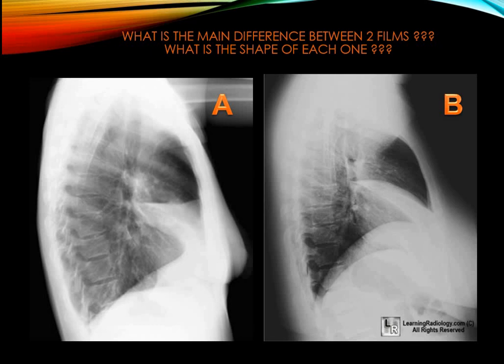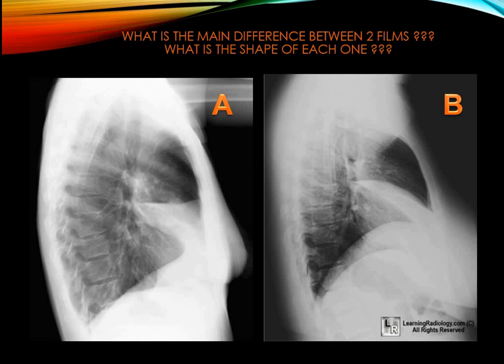These two chest X-rays, A and B, are both in lateral position. Both show an opacity limited between the horizontal fissure and the oblique fissure. The difference is that in chest X-ray A, the opacity takes a triangular shape because both the horizontal and oblique fissures are in their normal anatomical position.